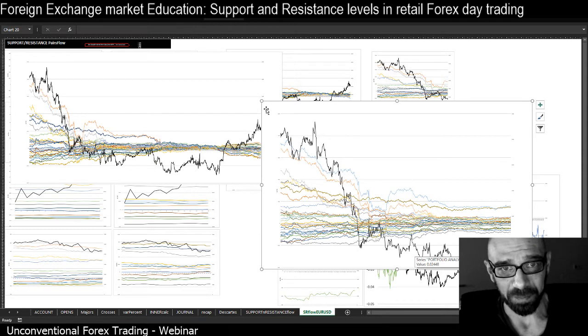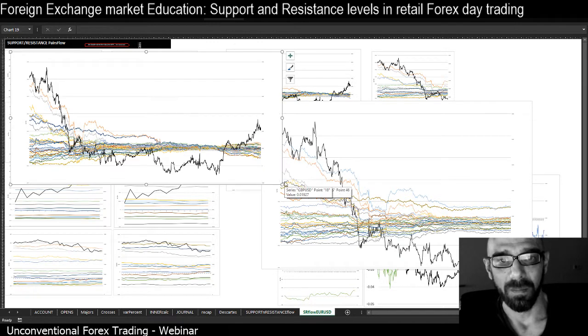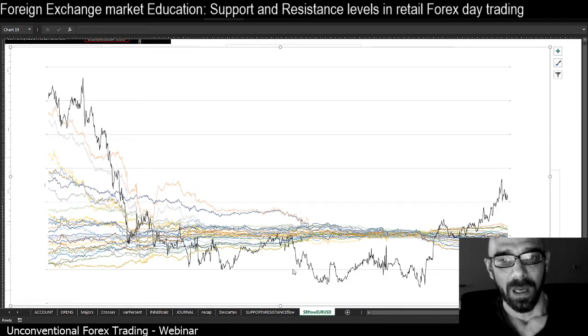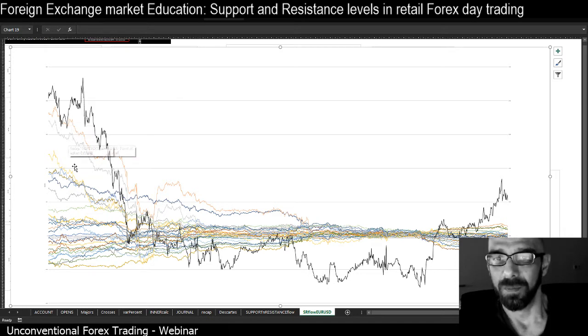And by having this tool, let's magnify this one first. By having this tool, I can clearly see all the currency pairs: euro dollar, GBP Australian dollar, GBP CAD, and so on, GBP New Zealand dollar, and so on.